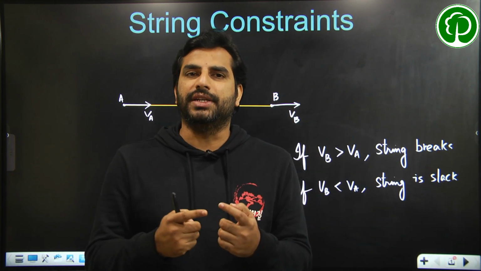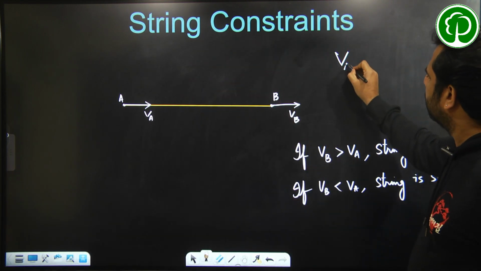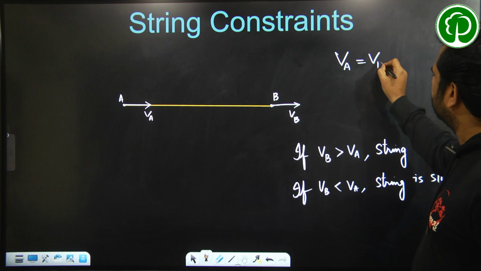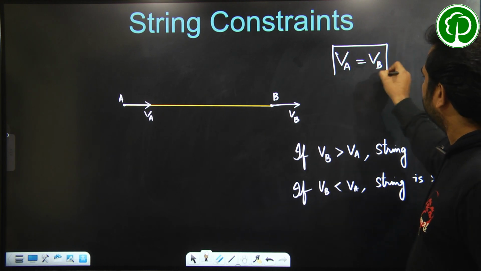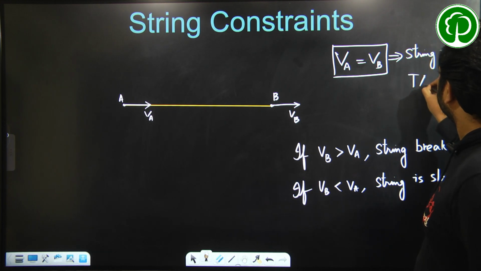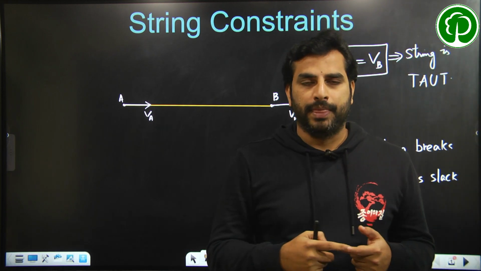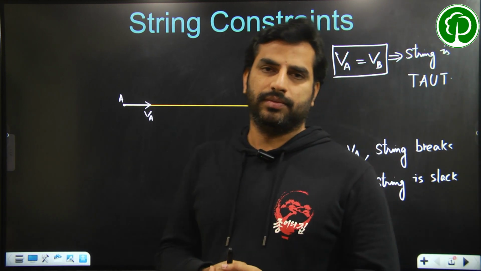If at all the string is taut, it should satisfy the condition that VA must be equal to VB. This implies string is taut. This simple logic we are going to apply to deal with string constraints.